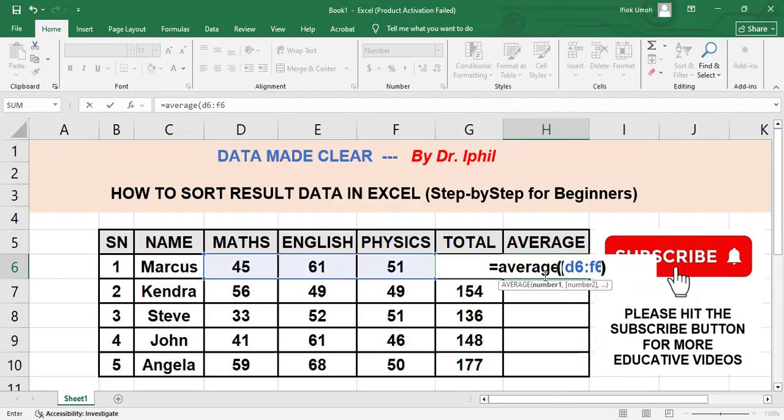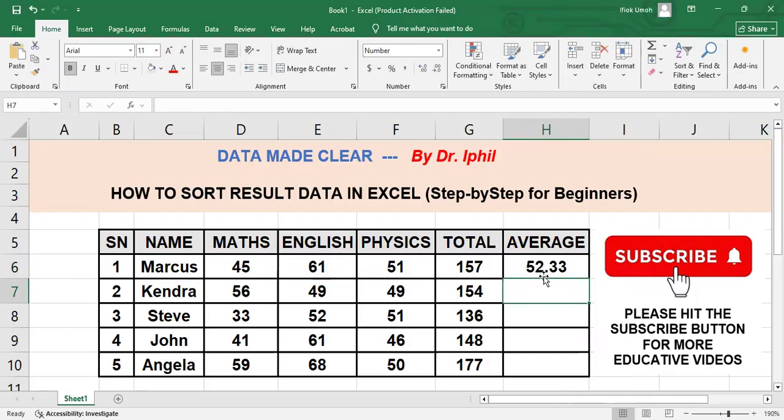Now we close the bracket and we press enter. So it has given us the average score for the three subjects. Then we use our autofill to do the rest of the average values for the remaining students. And here we go. So we are done with computing the total and the average score.